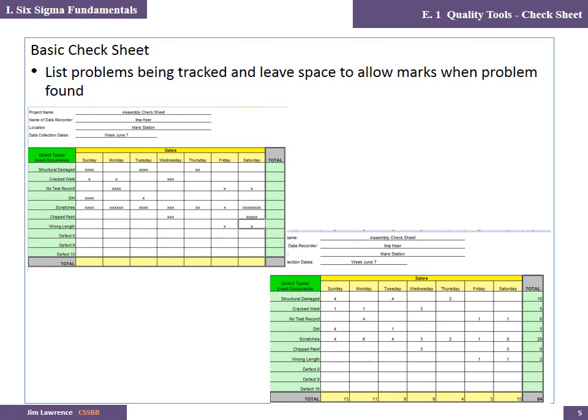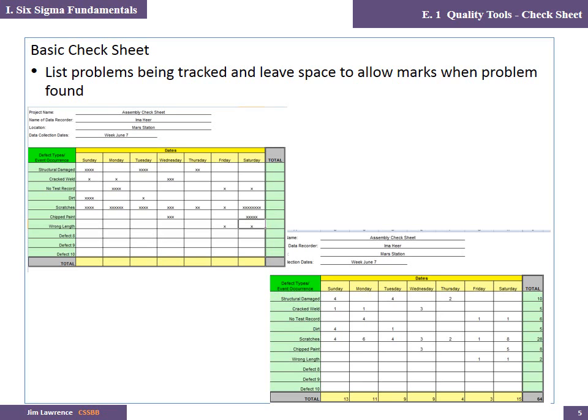Here we see a basic check sheet where, by day of the week, they're collecting information on a defect by event. So in the column there we see the different kinds of unacceptable occurrences: structural damage, cracked weld, no test record, etc. And you could literally make a mark whenever the process person finds that case of a defect.